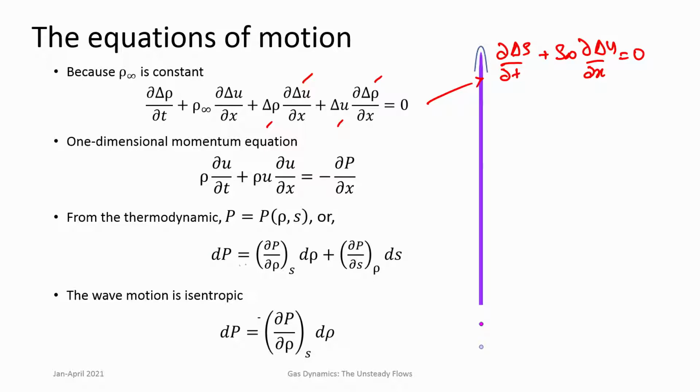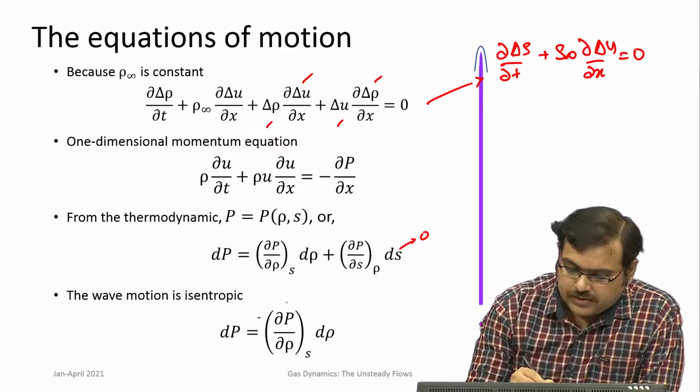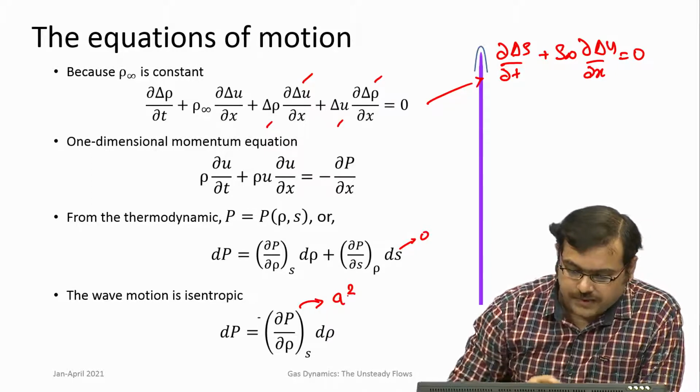If so, dp is ∂p/∂rho at constant entropy d rho plus ∂p/∂s at constant density ds. Here ds is 0, so it is isentropic flow, and this term, ∂p/∂rho at constant entropy, is nothing but the speed of sound a squared.